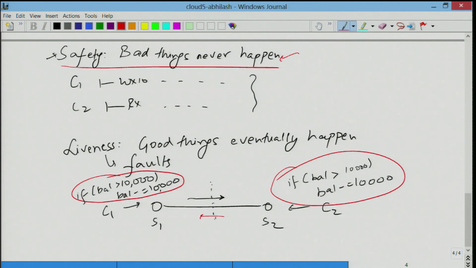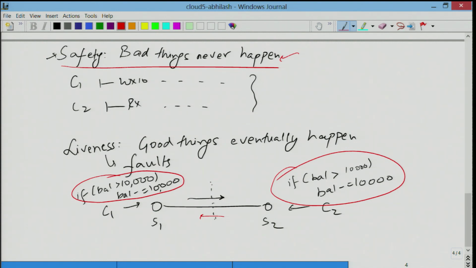This was thought insurmountable for a long time, right? It was thought that this is not possible to solve. Either you need some external intervention, someone comes and tells S1 that S2 has actually died, so go ahead and start giving money, right?